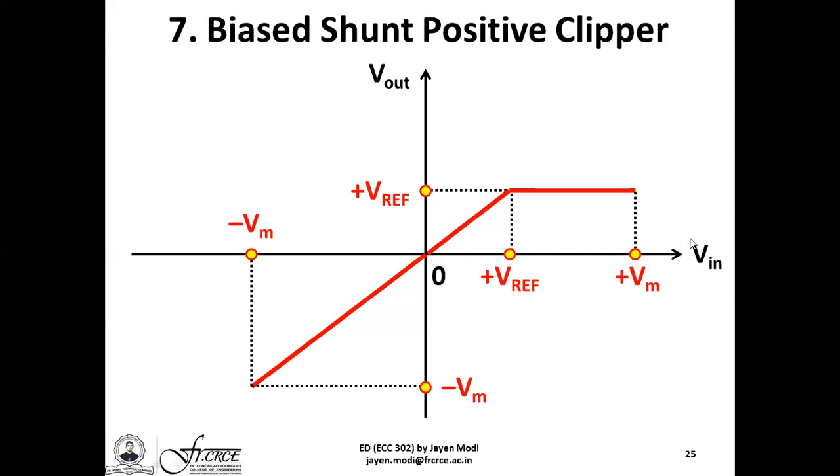So no matter how much Vin changes between Vref to the value plus Vm, the output signal level will continue to remain constant at plus Vref only. Changing the value of plus Vref, we are easily able to control how much clipping we should be able to obtain for the positive half cycle across the output terminals.